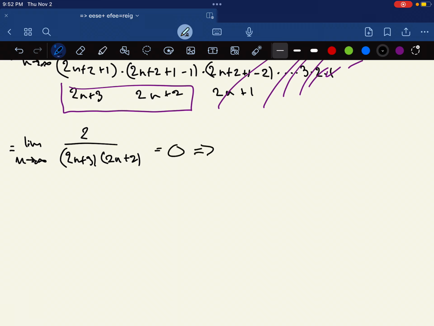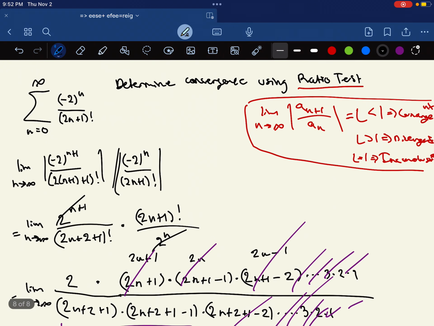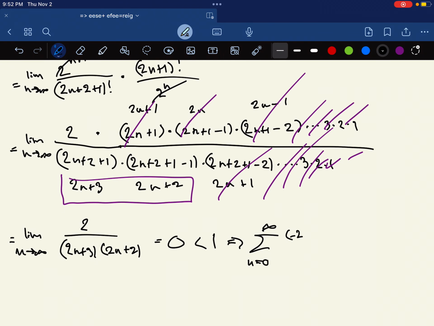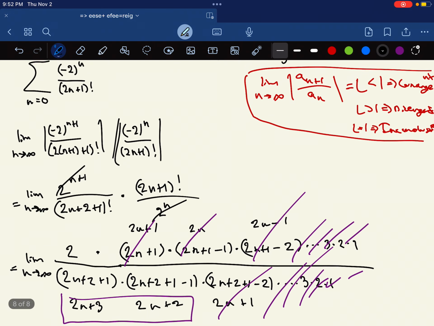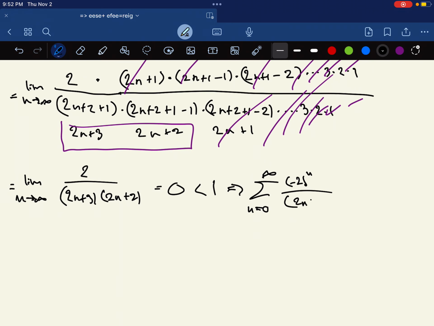Therefore, because this is less than 1, this implies that the series, the sum from n equals 0 of negative 2 to the nth power over 2n plus 1 factorial, is convergent by the ratio test.